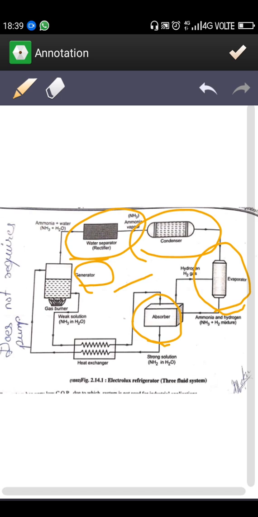Look guys, in this system what you are seeing here, this is a stream of ammonia and water which is being pumped by this generator to the condenser. So what is happening here, we are using water as a solvent and NH3 ammonia as a refrigerant.